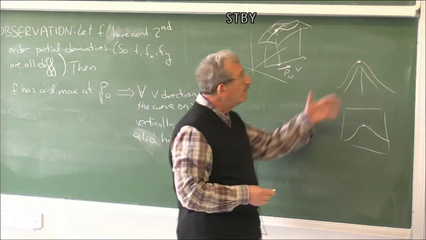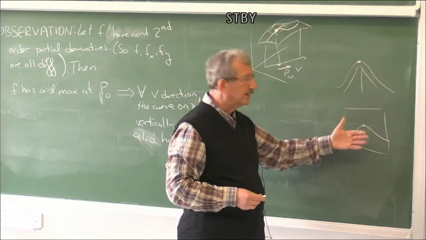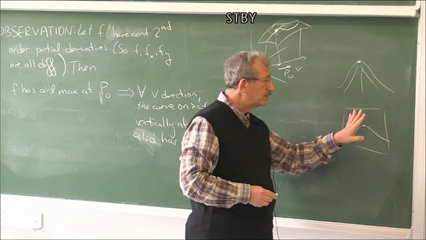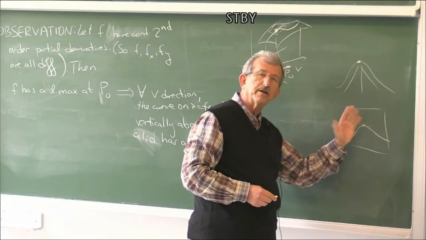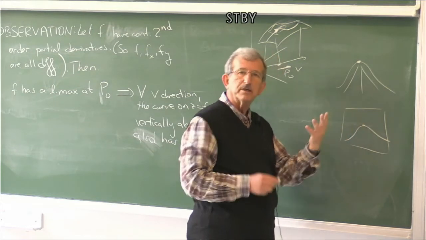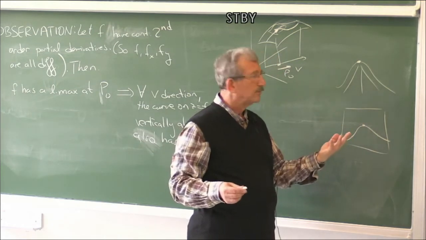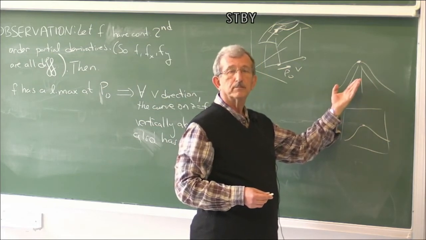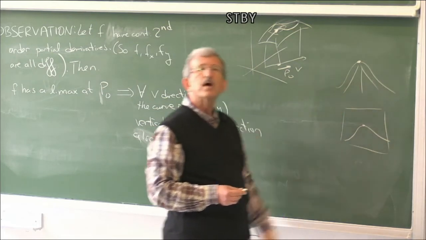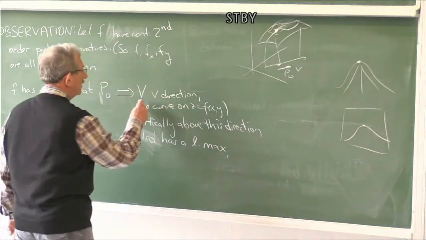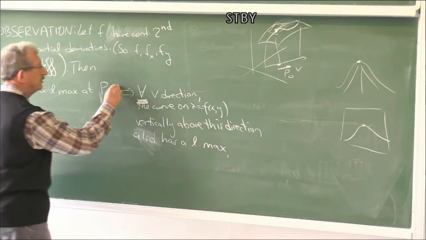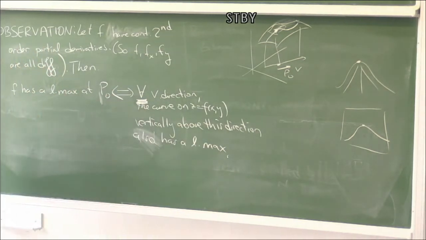Conversely, if for all vertical planes we get a local maximum of the curve, just turn this plane around, you always get a local maximum. So it must be a local maximum for the whole surface. In other words, if it's true for all such directions, it's an if and only if statement.